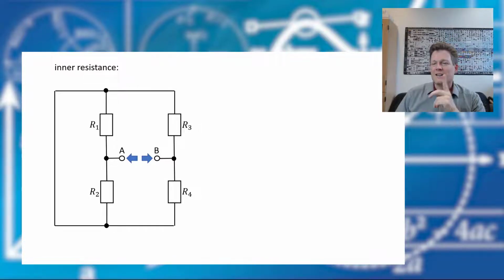way. Let's start at clamp A. Okay, if we walk into our circuit from clamp A, we come into a knot, and there the circuit splits, and we can draw it like this. On the upper side we have the resistor R1, and on the lower side the resistor R2.